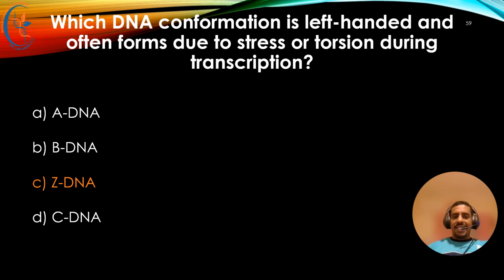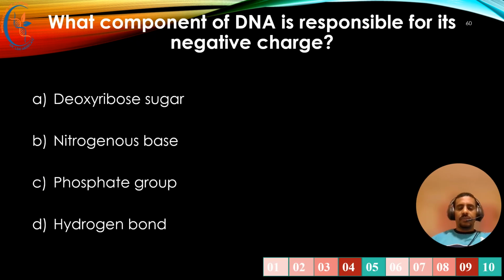The correct answer is Z DNA. Actually, Z DNA is a left-handed helix. You have to remember, a left-handed helix that can form due to stress or torsion, such as during transcription. Okay, so let's move to the next question.